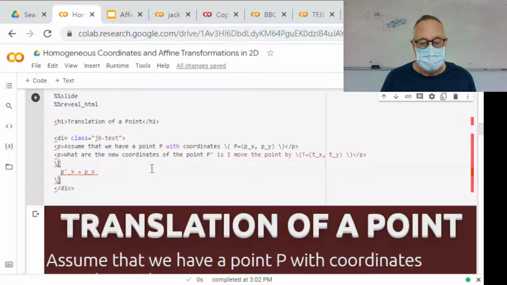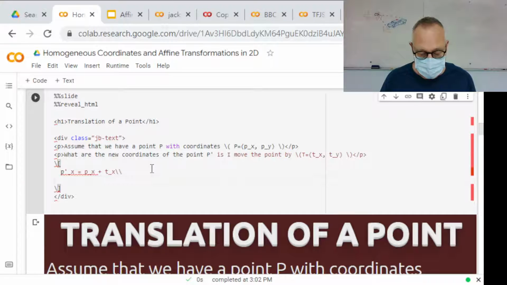So that means our new coordinates P dash X would be Px plus Tx, P dash Y is equal to Py plus Ty.